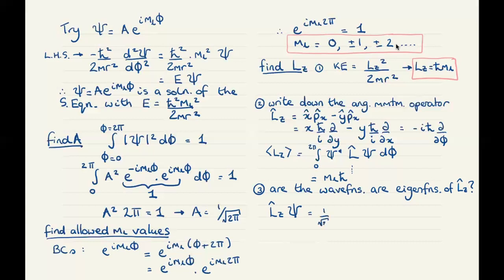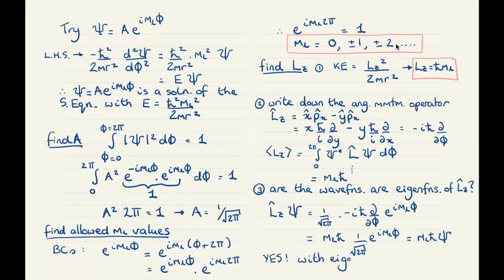We obtain 1 over root 2 pi times minus i h bar d by d phi, acting on e to the i m sub l phi, which is m sub l times h bar times 1 over root 2 pi e to the i m sub l phi, which is m sub l h bar times psi. So they are, and they have eigenvalue m sub l h bar.